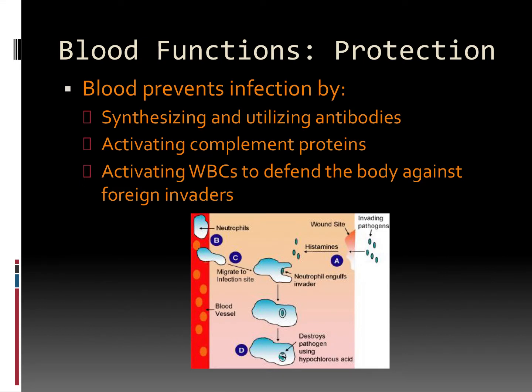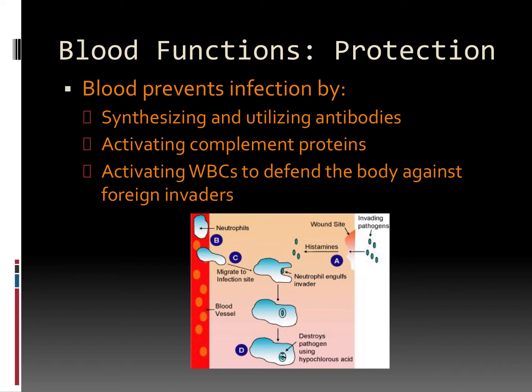Okay, so that's sort of mechanical barriers. The other piece of the protection task is that the blood contains within it white blood cells that are constantly monitoring the body for invading pathogens.